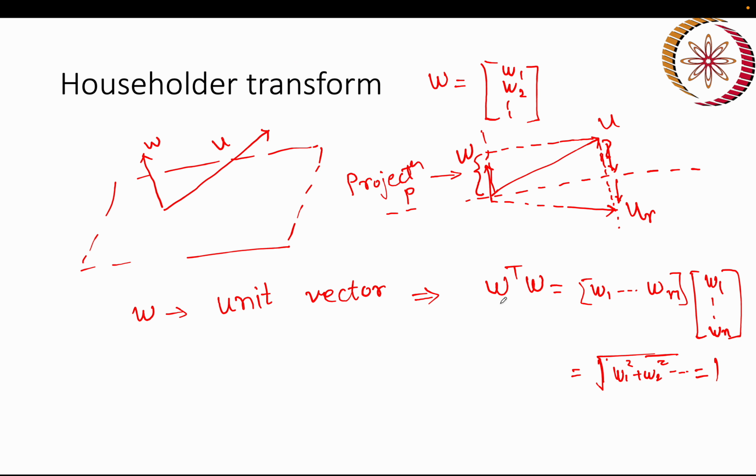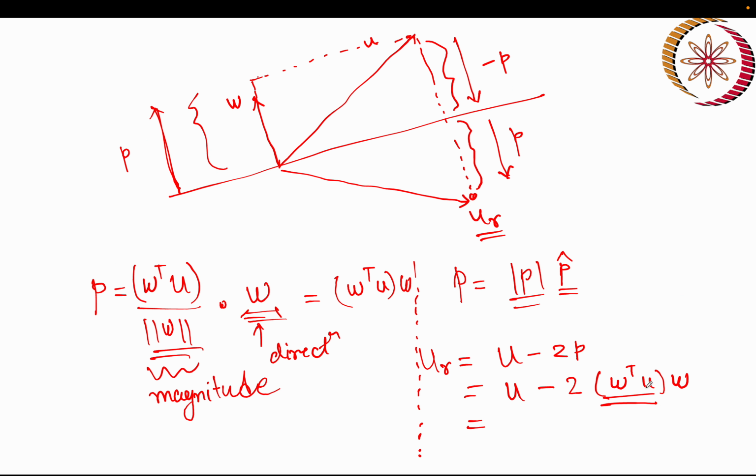You can see that W transpose W has just given the magnitude. Similarly, W transpose U is a dot product, so that is also a single value, so it doesn't matter in which order we are doing this operation. That is nothing but the scalar.